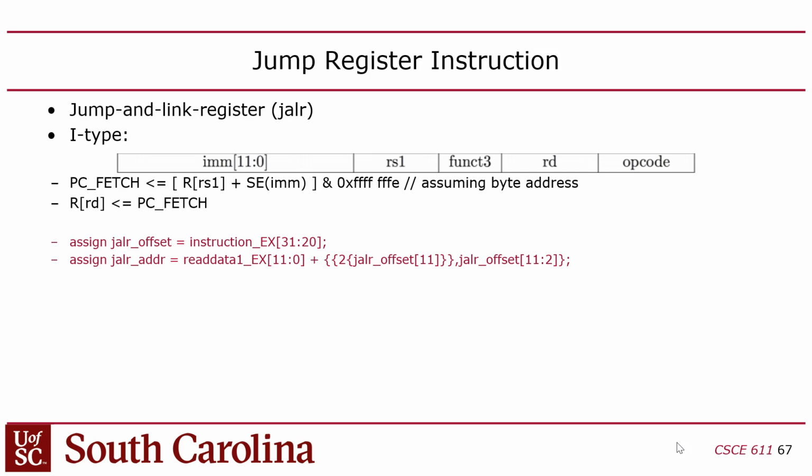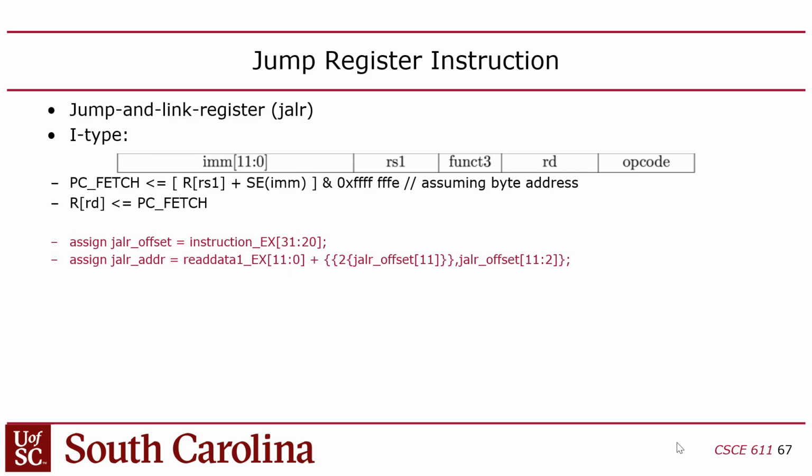So the idea is that the register is assumed to have a byte address, right? And then they convert it to, what are they doing? They're not converting it to a word address. They're masking off bit 0. So they're assuring that the register is divisible by 2, that it is a byte address, but that it falls on the half-word boundary.